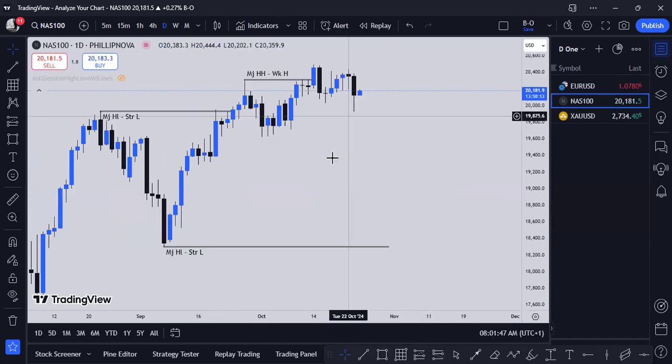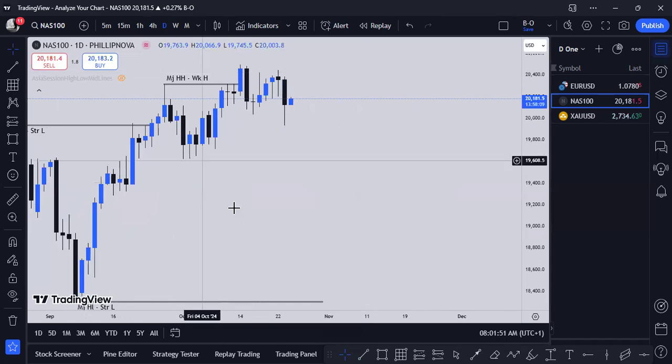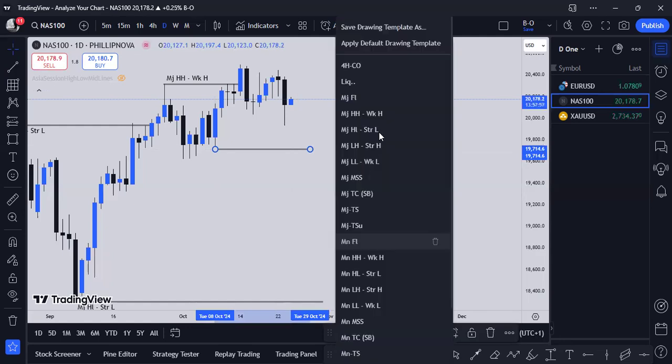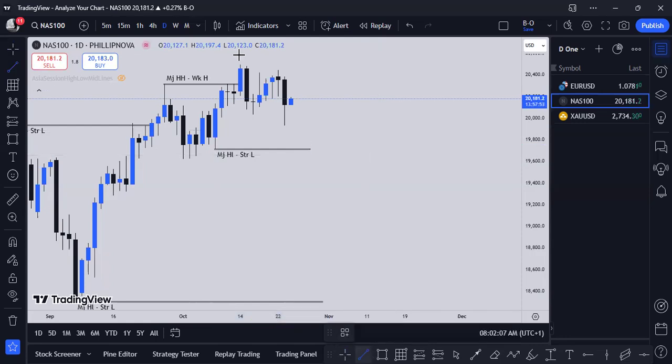Okay, so getting closer to the market, what can we see here? See this level here. It's supposed to send price up. This happens to be our strong low. And here happens to be the weak high we are expecting market to break.